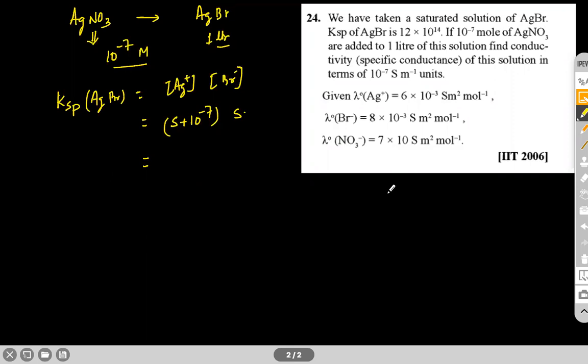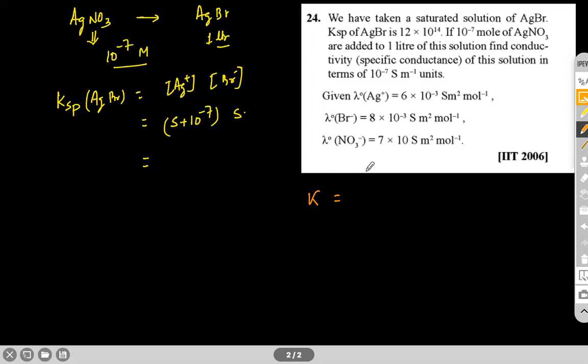First of all, you see what we need to find out, and then we'll go back to this concentration part. That would give a proper idea. The total conductivity, if I write kappa, that would be because of the movement of ions. So what all ions do we have here?